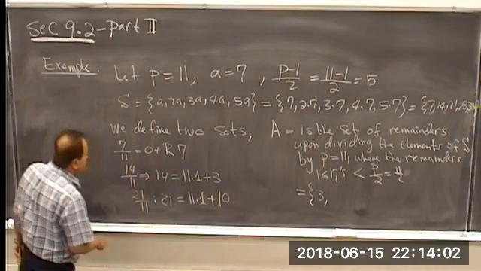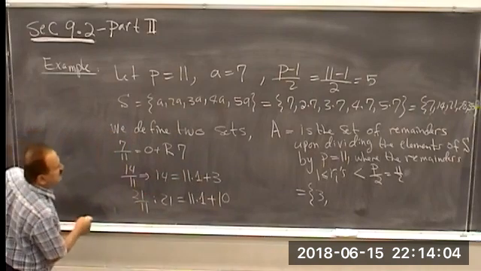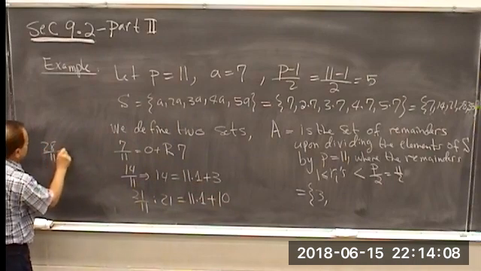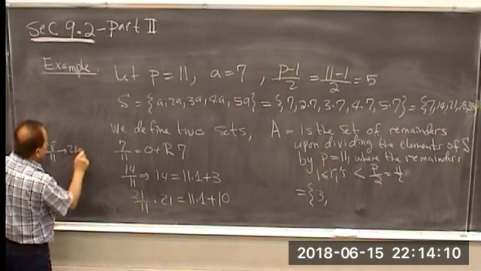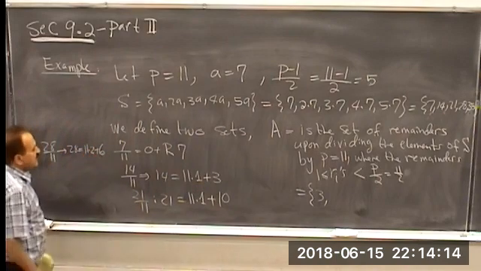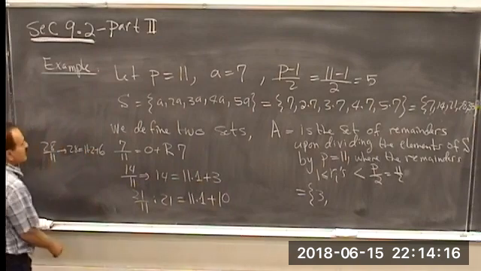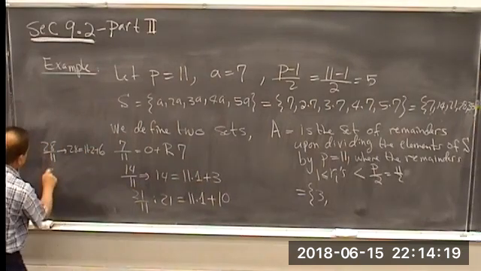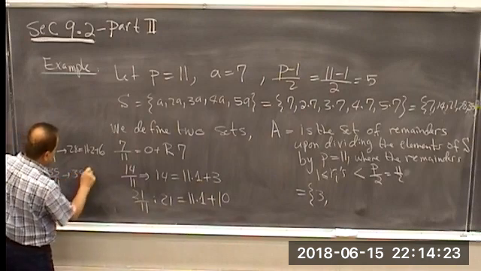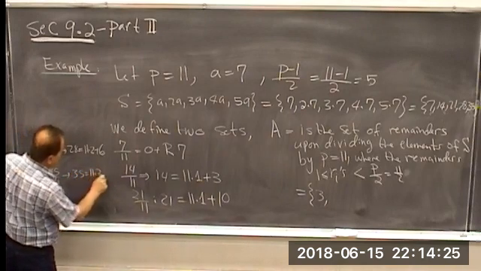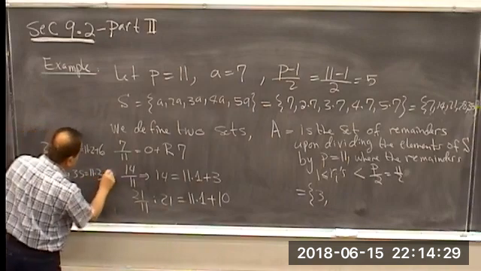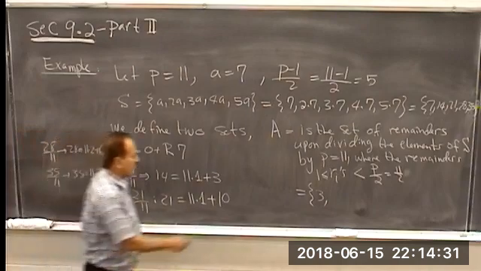Then 28 over 11: 28 is 11 multiplied by 2 plus 6, and that again is not in this set. And then we have 35, which is 11 multiplied by 3 plus 2. So 2 goes in here.